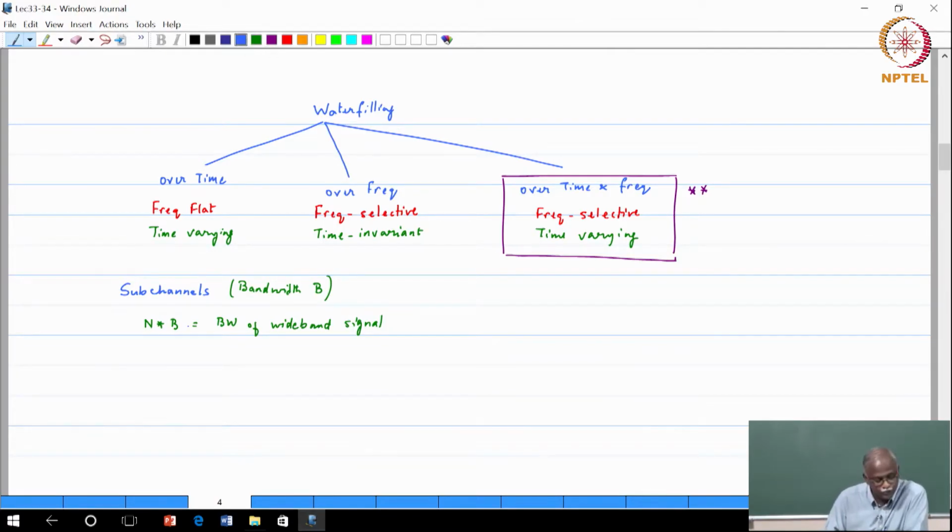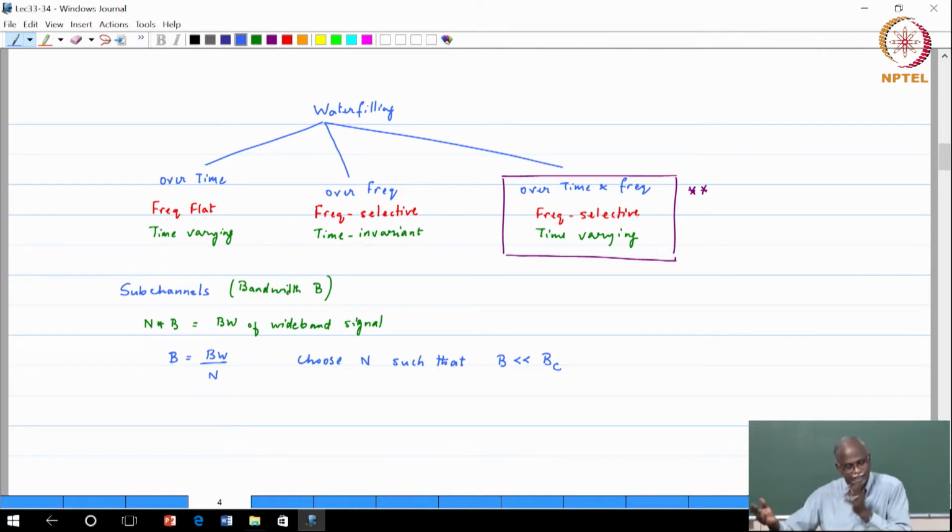Okay, so the choice of n: the bandwidth of the wideband signal is given to us. So you get to choose, and the way you choose is by choosing n. So bandwidth divided by n, and you choose n such that the bandwidth B is much smaller than the coherence bandwidth, and yesterday we defined coherence bandwidth in terms of the dispersiveness of the channel.